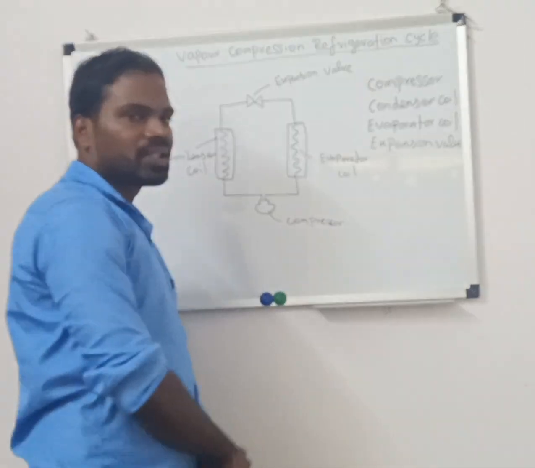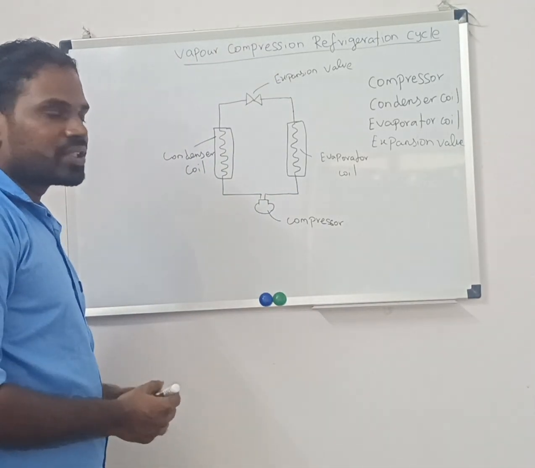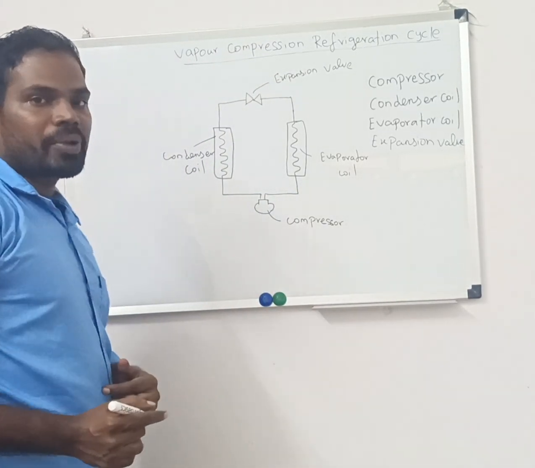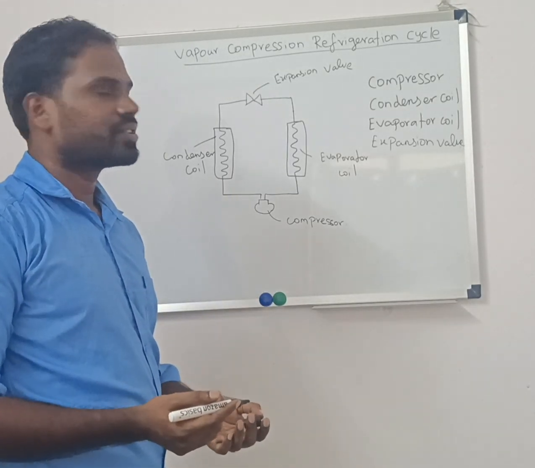And then the condenser coil. What is a condenser coil? The condenser coil is located exposed to the atmosphere. Its main purpose is to reduce the heat of the refrigerant.